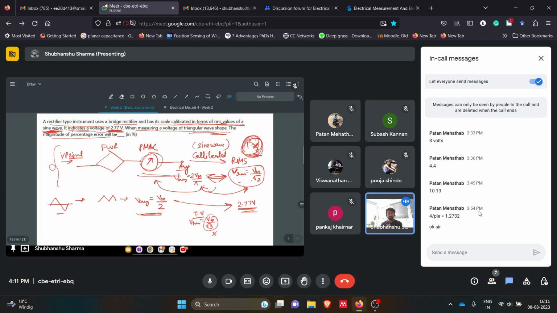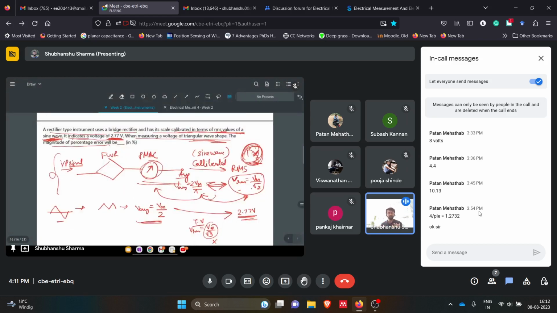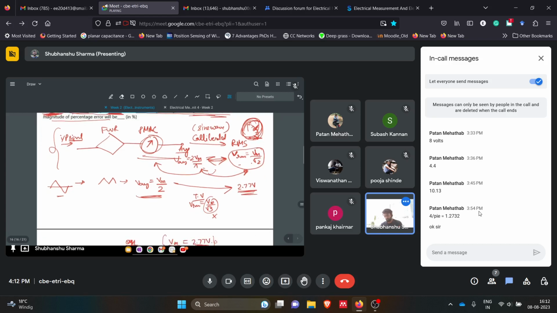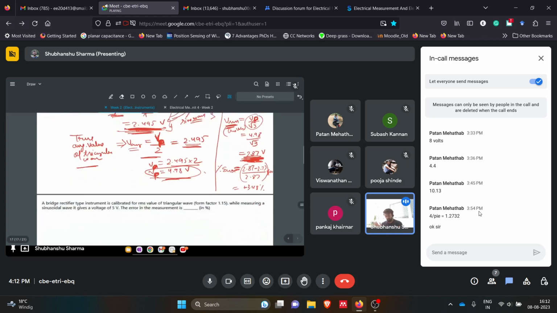If you see an instrument that is calibrated in terms of a sine wave, you should know what it means. If you are giving any other signal, it will give error, and you should know why it is giving error. It is giving error because of all this theory which I just told you. It is good practice to know about the practicality of the systems. Just go through it again and again, and you will get to know.